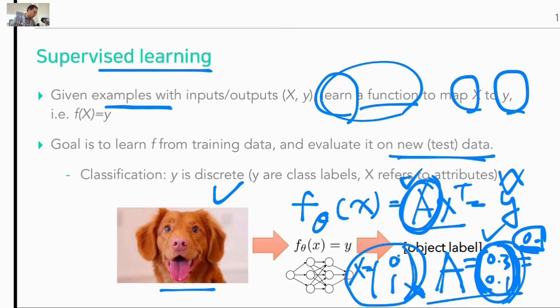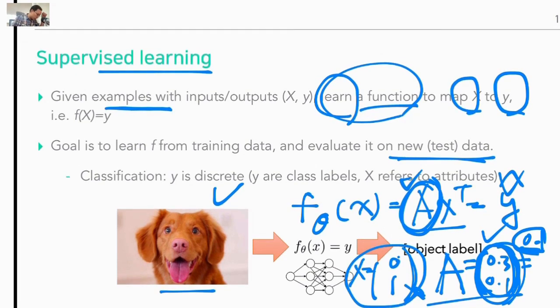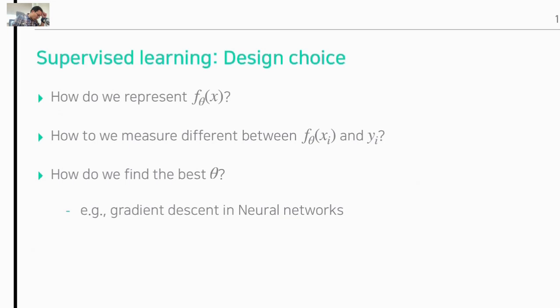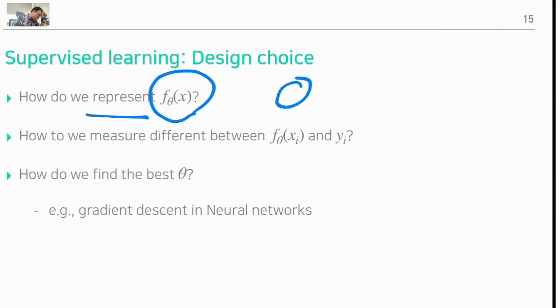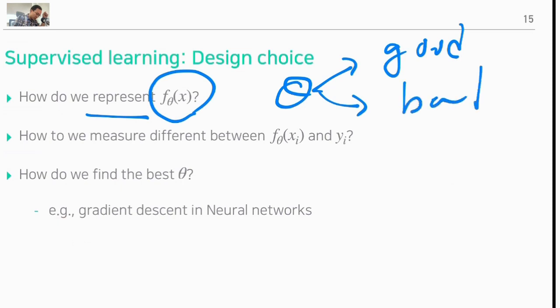This is a simplistic example. So now you can see we have several design choices for supervised learning. So how to represent the function f. And to learn the parameter, we need to tell whether this is good or bad.